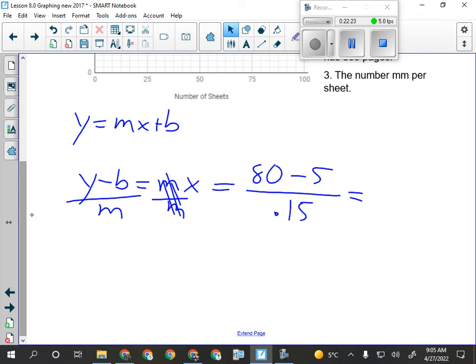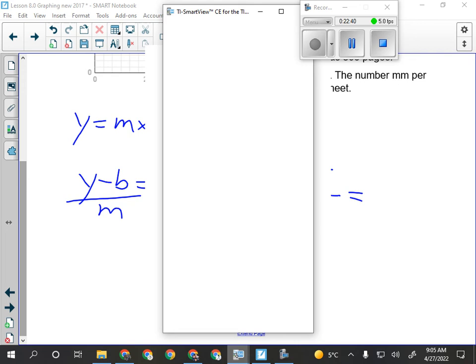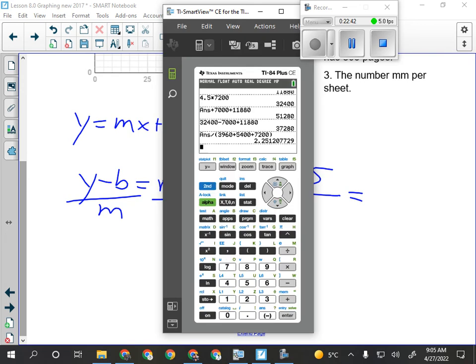Okay, so if I go 80 minus 5, so 75 divided by 0.15.